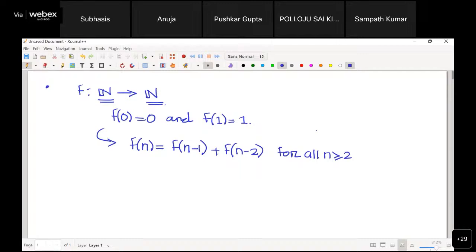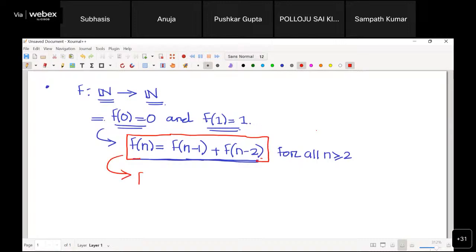But in the first and second lines, only f of 0 and f of 1 are given. Apart from that nothing is given. In the third line we have defined it inductively, so using this third line you can get the value of the function at all the natural numbers.